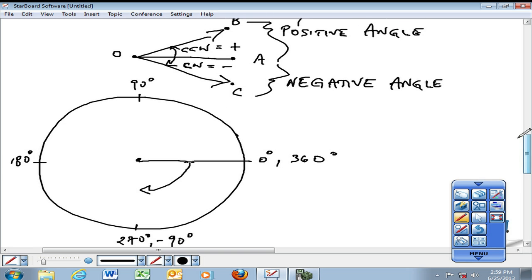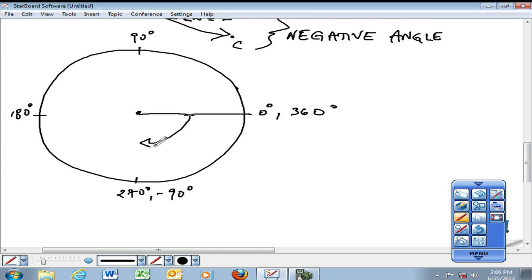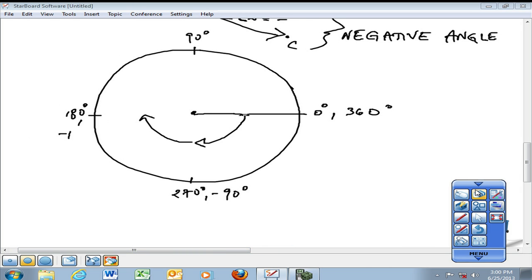Because remember, clockwise scoops out negative angles. And then if we continue the fun, we get to what we called the 180 point. This is equivalent to negative 180. So it's a negative 180 degrees.